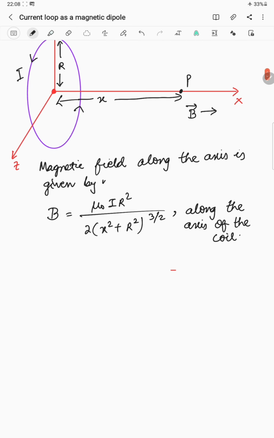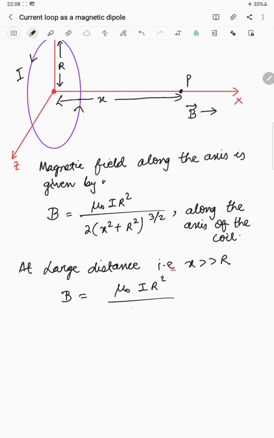Now for large distance, it is quite obvious that x will be much greater than r. In that case, I can neglect r square in the denominator. So it will be mu naught I r square divided by 2 x cube.